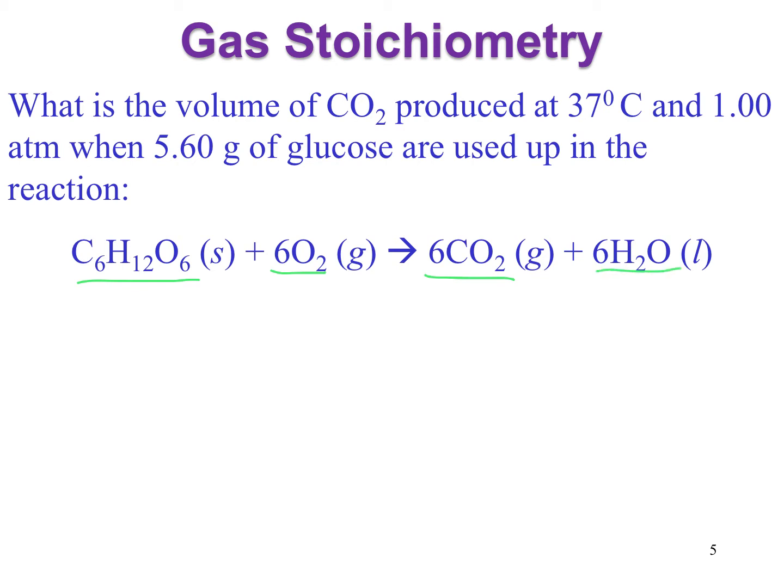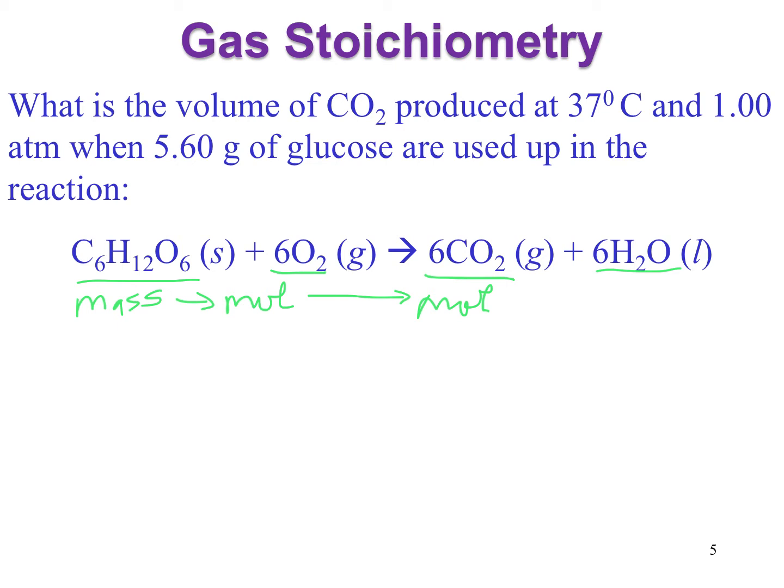The strategy is to convert the mass of the glucose to moles of glucose using the molar mass of the glucose, then to convert moles of glucose to moles of carbon dioxide, using the molar ratio from the balanced chemical reaction above.